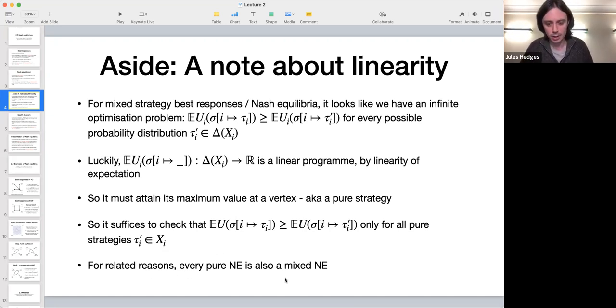There's a related argument that says that every pure Nash equilibrium is also a mixed Nash equilibrium. If you're optimal for unilateral deviations to pure strategies, you must also be optimal for unilateral deviations to mixed strategies.